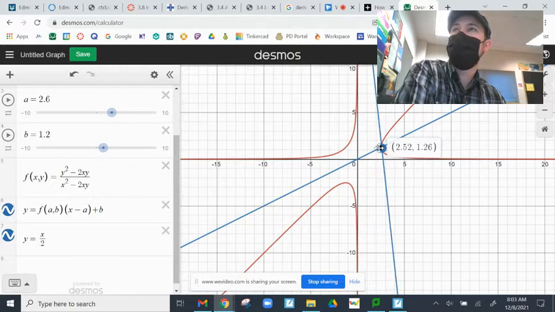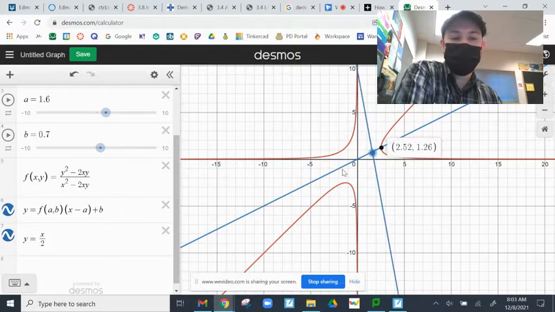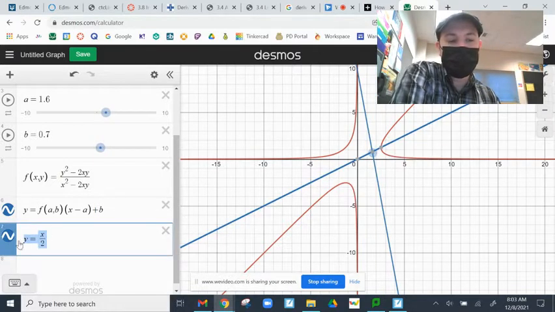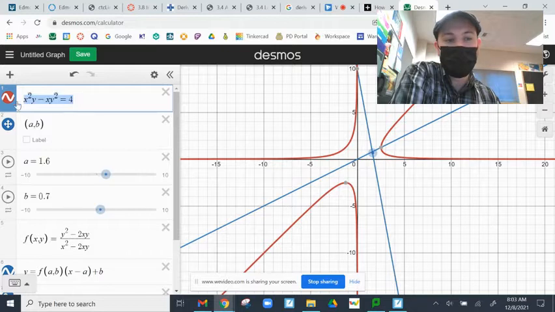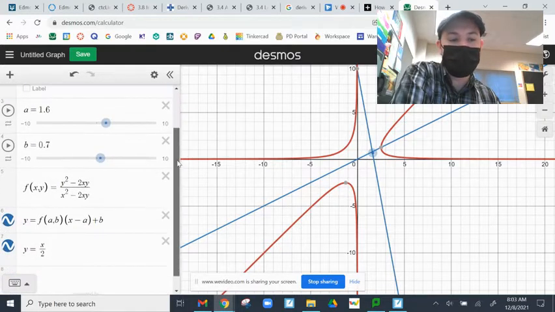I think we're going to move on from the problem, though. If you wanted to figure out that exact intersection, you would set the line y equals x over 2. You would somehow figure out it would be a system of equations. When is this true as well as the original function? For what values of x and y are they both true?